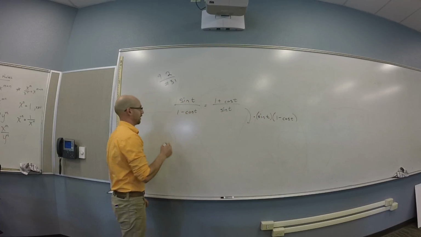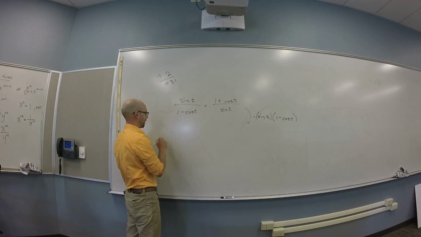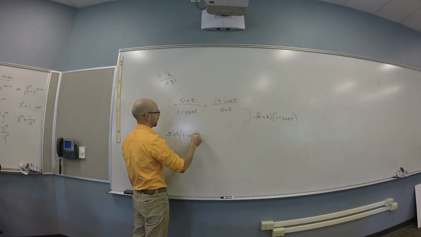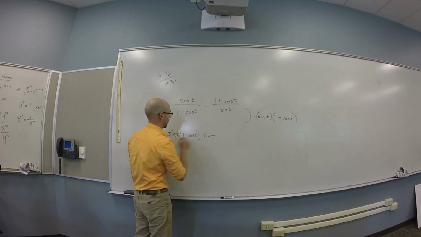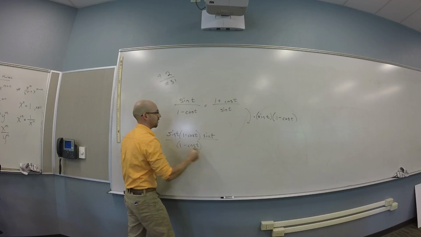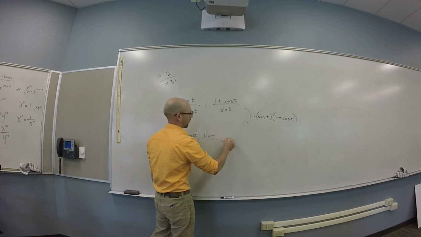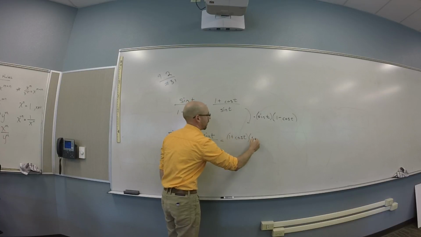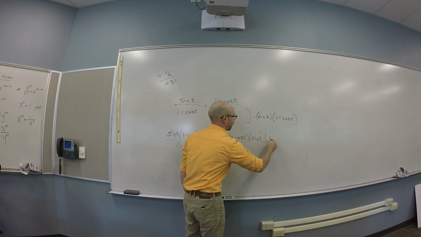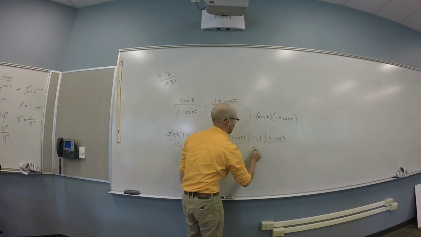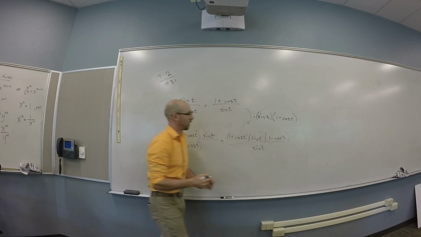Okay, so I got sine of t, 1 minus cosine of t, sine of t, all over 1 minus cosine t, equals 1 plus cosine t times sine t times 1 minus cosine t, all over sine t. And then what?